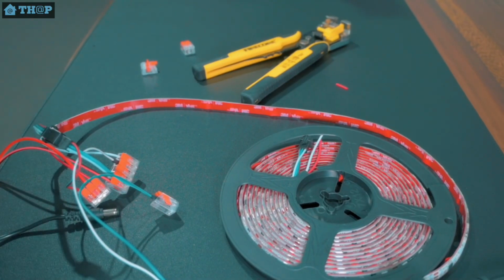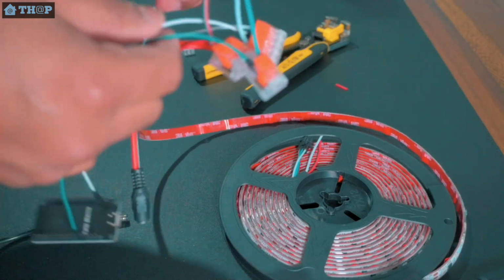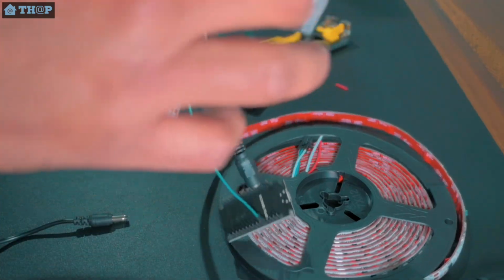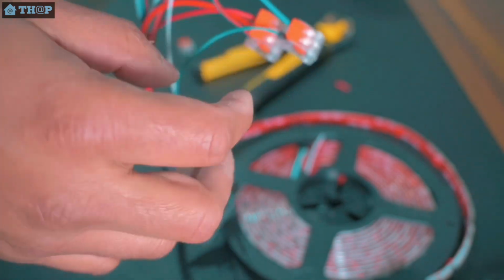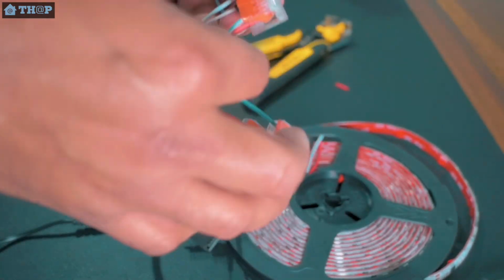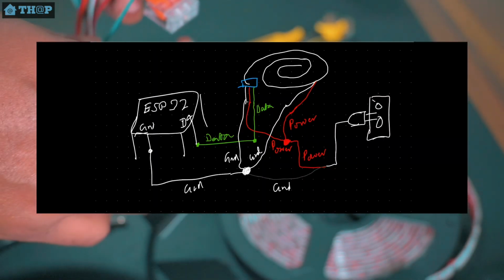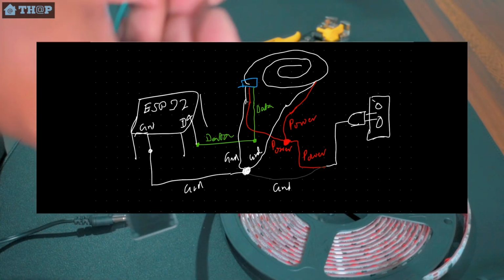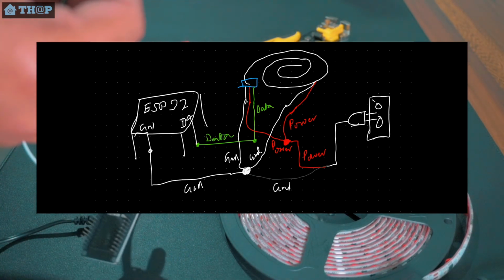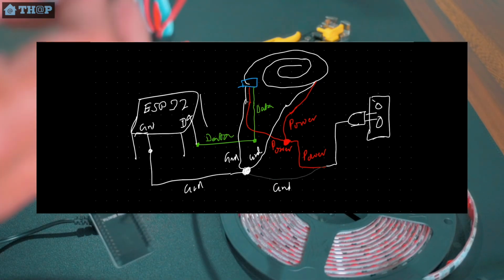Okay, so now I've done all the connections. I've got all the 4 data points, all the 4 grounds together. I've got the 2 data together, and attached all the 3 power together. Initially I wanted to do it with one.